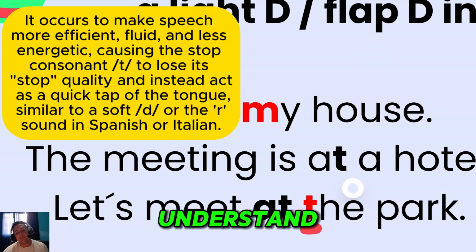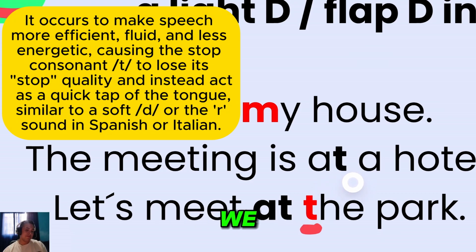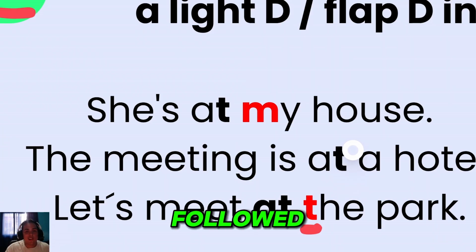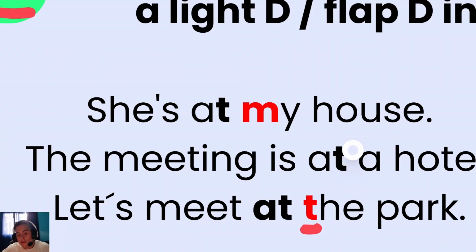We need to understand that when we are in an unstressed syllable and the T is followed by another vowel, we can use the flap D or T, known as flap R. Let's meet at a park. This is usually used in fast spoken English.